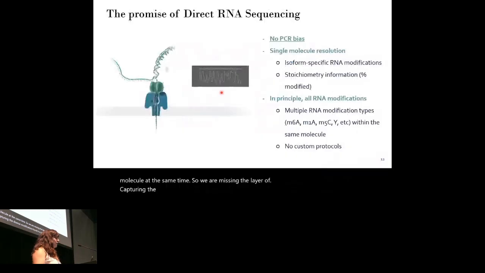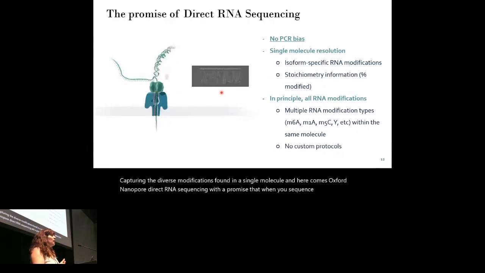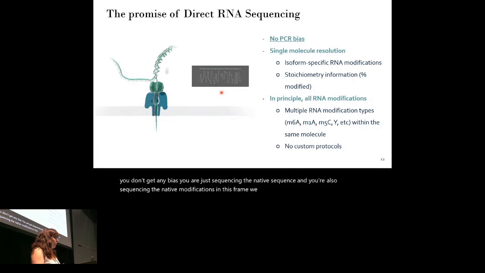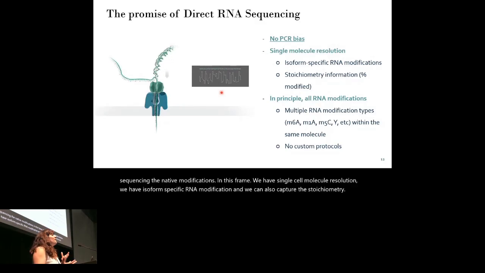And here comes Oxford Nanopore direct RNA sequencing with the promise that when you sequence an RNA molecule, you don't get any bias, you are just sequencing the native sequence, and you're also sequencing the native modifications. In this frame, we have single molecule resolution, we have isoform-specific RNA modifications, and we can also capture the stoichiometry of the modifications, the percentage of reads that are actually modified.